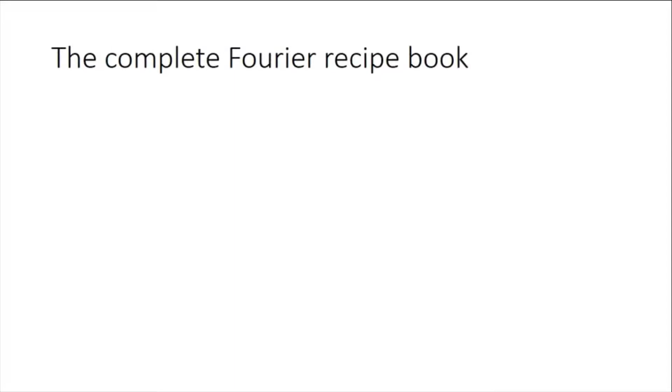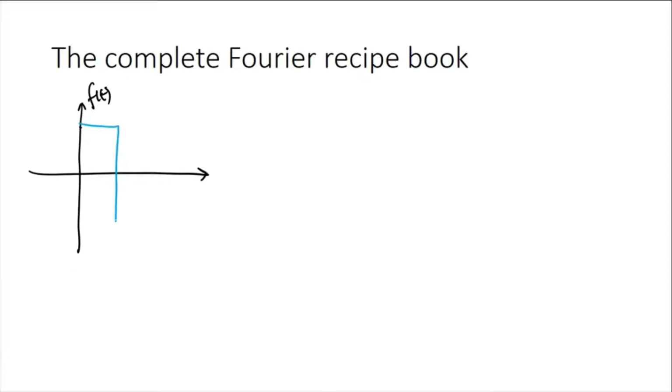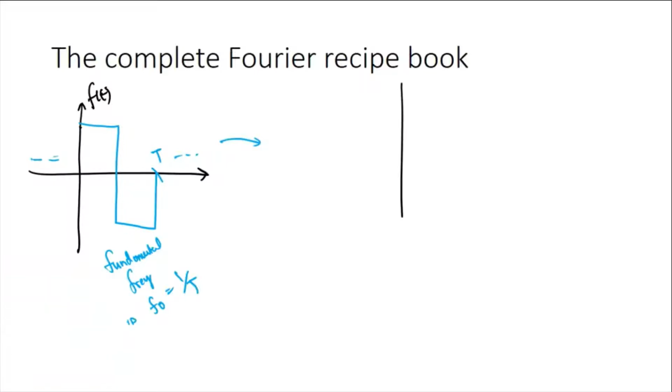So now comes the first part. If a function f of t is periodic with period T, so its fundamental frequency is f naught, 1 by T. Of course, this repeats itself everywhere. Such a function will have the Fourier recipe book basically like this.